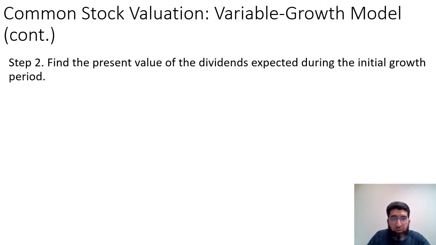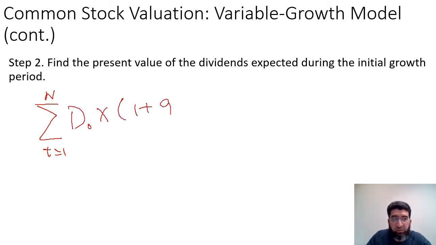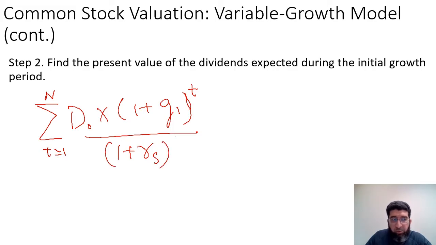Now we find the present value of these dividends expected during the initial growth period. To find the present value, we sum up all t equal to 1 up to n, D0 times (1 plus g1) to the power t, divided by (1 plus rs) to the power t.